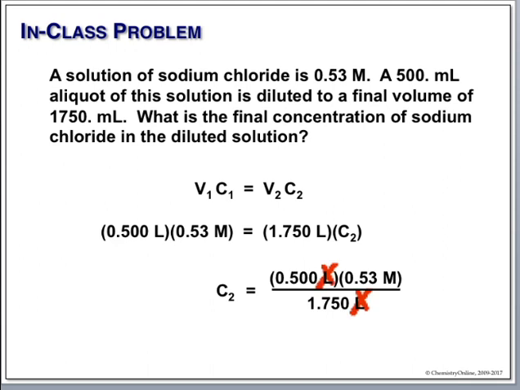Our final concentration, 0.15 molar. Just remember, the number of moles doesn't change. Because of that, volume times concentration must equal volume times concentration initially and in the final state.